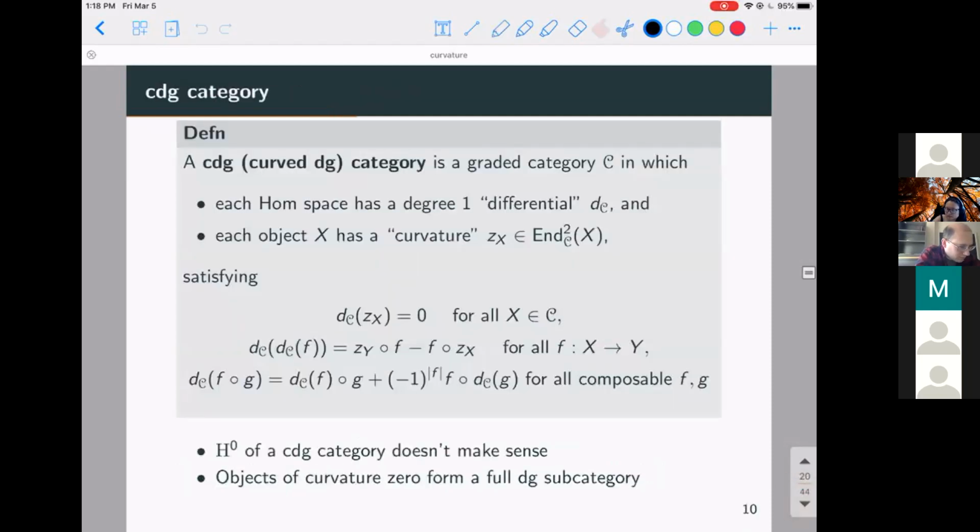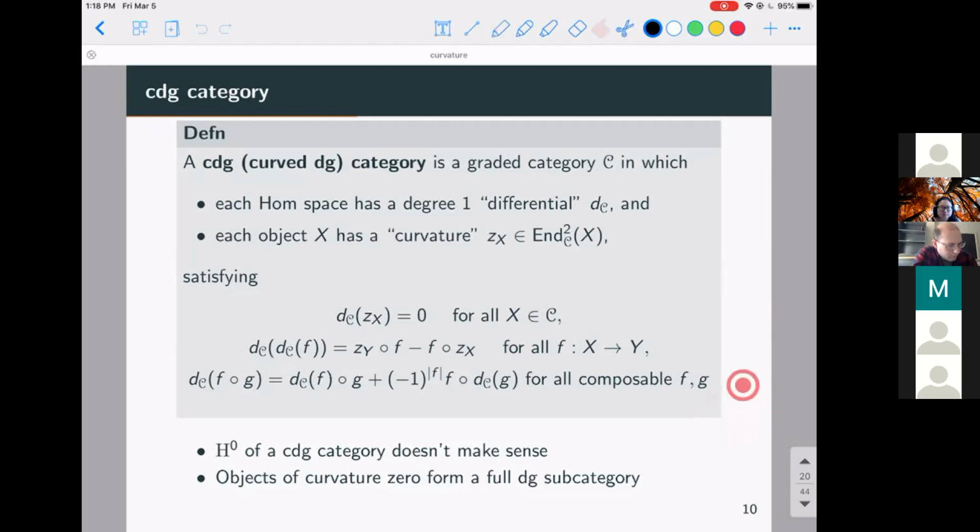Here's the definition. In addition to the differential you have in a DG category, each object now has a special endomorphism of degree 2 called curvature. We denote that by Z sub X for every object X. And this data satisfies these axioms.